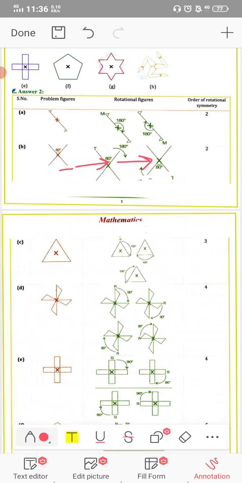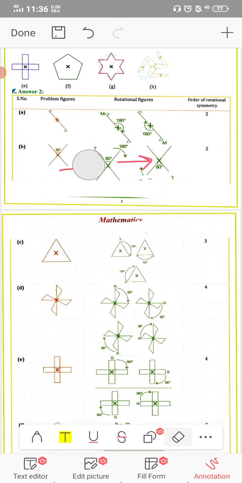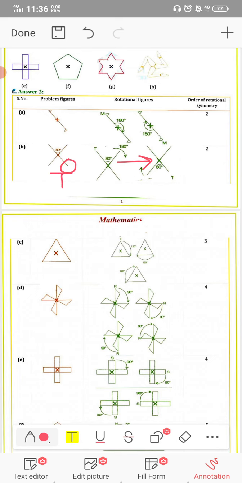If the point T is at this place, then if we rotate it once it will come at the extreme upper left corner, and if we rotate it once more by 180 degrees it will come at the lower extreme right corner. So the order of rotational symmetry is 2.